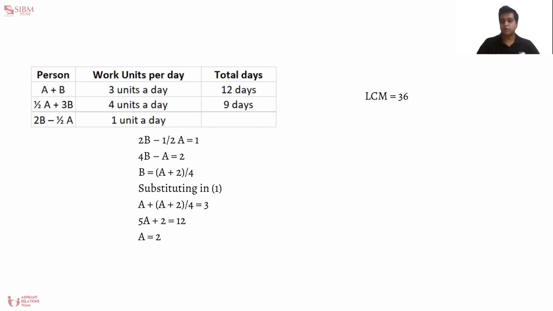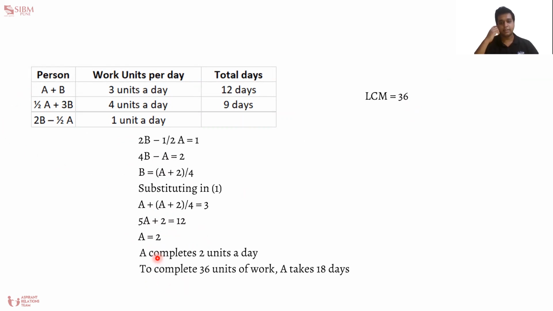The total work is 36 units and a completes 2 units a day, so a can complete the entire work in 18 days, which is our answer. We have arrived at it without all the reciprocals and tedious calculations, simply by forming linear equations and solving them.